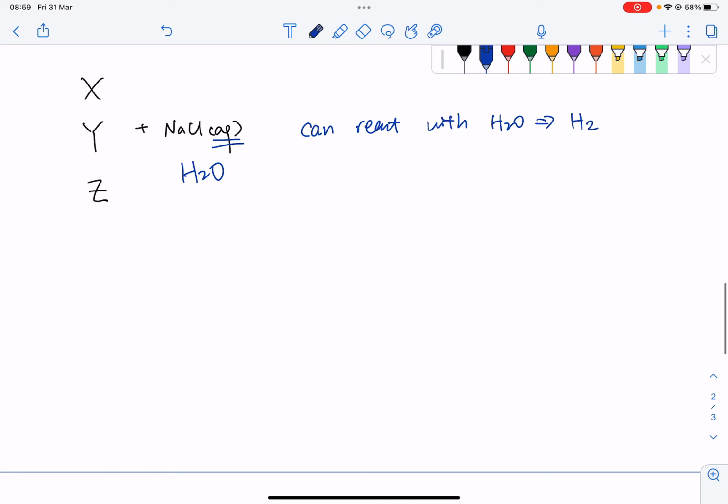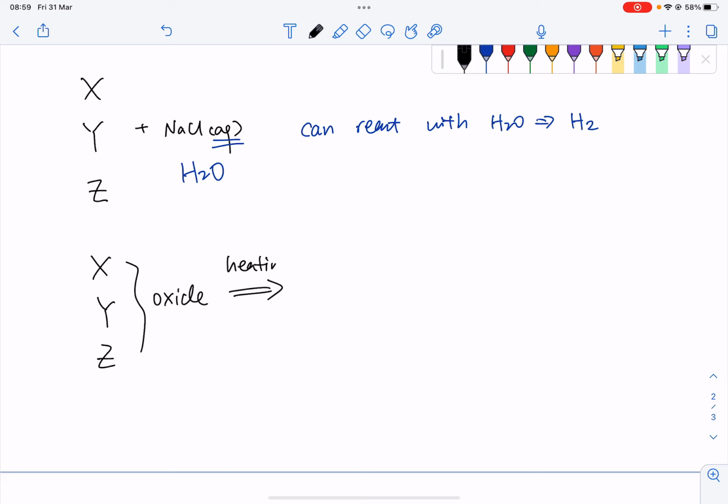So here it will become X, Y, Z oxide heated strongly. If that undergoes heating, so the oxygen will come out, or carbon dioxide will come out, right? So which of the following shows a decreasing order of reactivity of different metals?